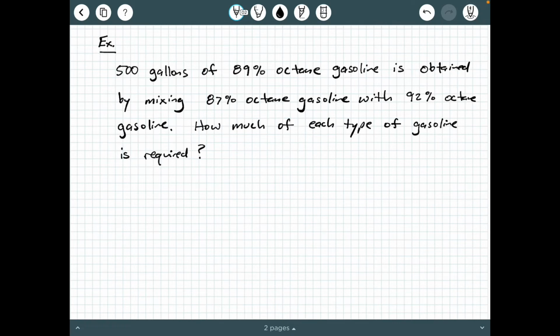In this example, we're going to explore another word problem involving systems of equations. So let's get started. Here we are told that we have 500 gallons of 89% octane gasoline, and this 89% octane gasoline is obtained by mixing 87% octane gasoline with 92% octane gasoline.